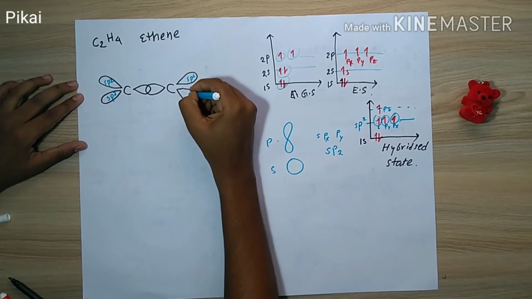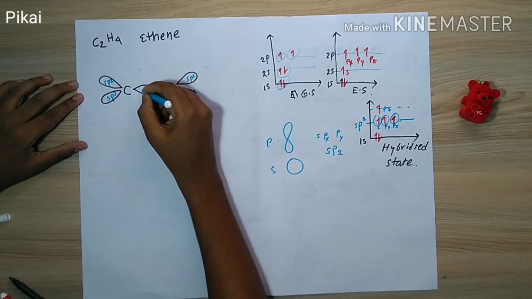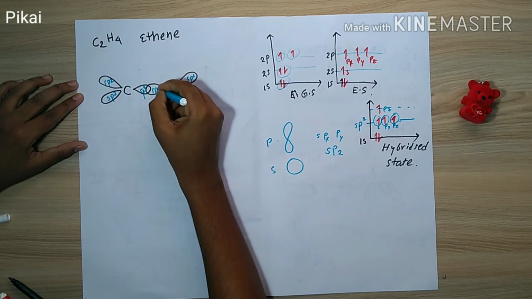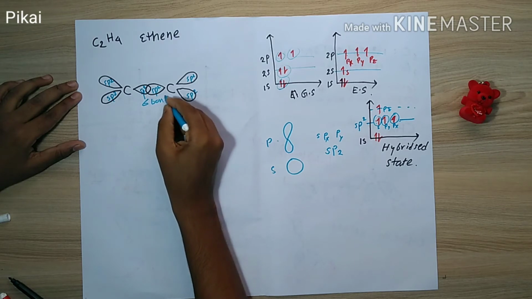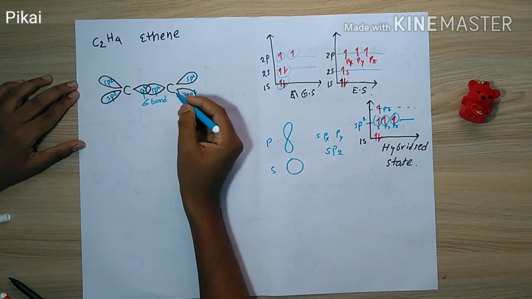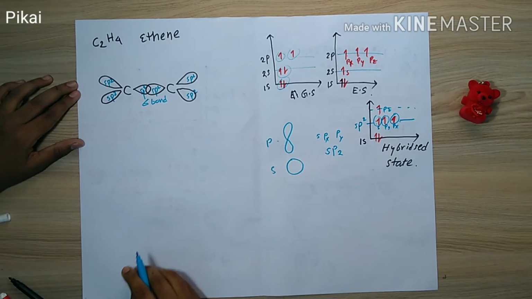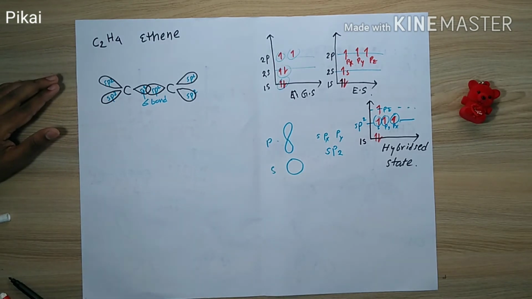So these are the sp2 hybridized orbitals, and I have drawn them in blue color. The smaller lobe I will not denote, because if I draw it the diagram will become messy and clumsy. So this is the sigma bond between the carbons.